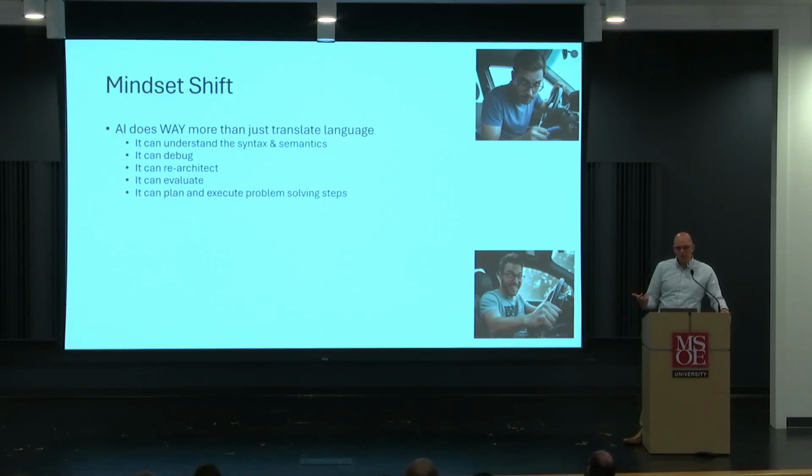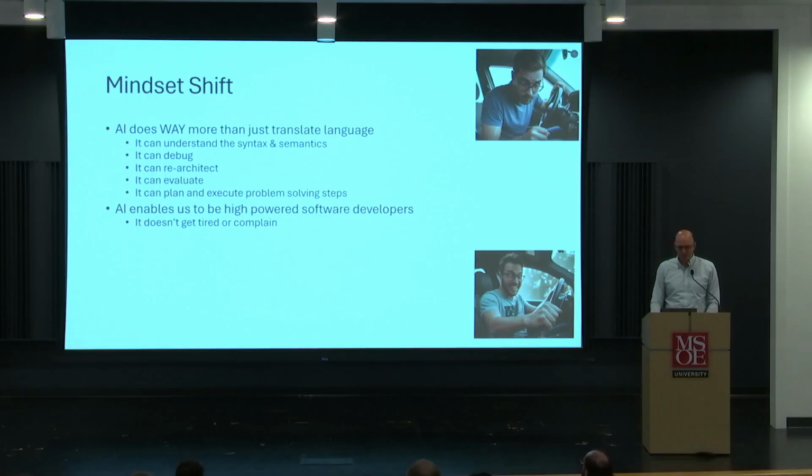But they can also debug your software, re-architect it, evaluate it, and plan, evolve and execute new steps in developing software. So it goes way beyond just translation. Translation is sort of the first step, but now they can do a whole lot more than that. And still, under the hood, it's just an LLM.